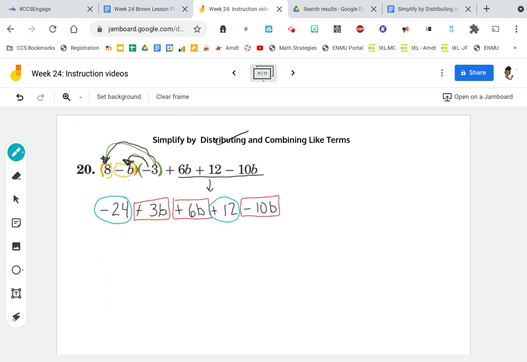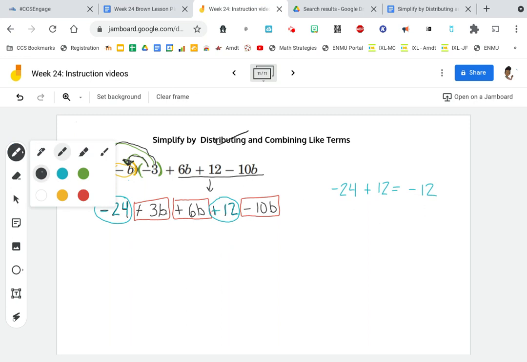So now I need to combine like terms, which means I need to add them. So negative 24, I need to add that to positive 12. So negative 24 plus 12 is negative 12.